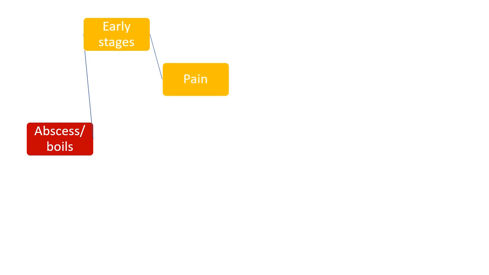The way we go about it in homeopathy will be demonstrated in this lesson through the help of this decision making chart or flow chart. If the patient presents in the early stages of an abscess or boil forming, just check if the person is having pain.